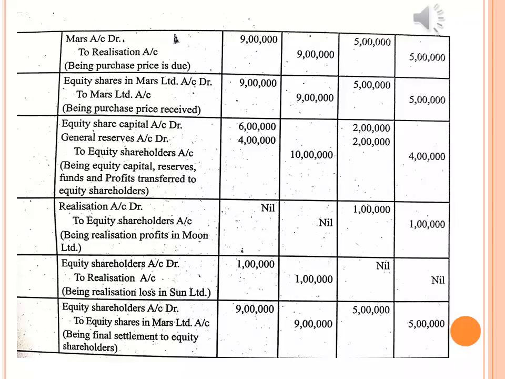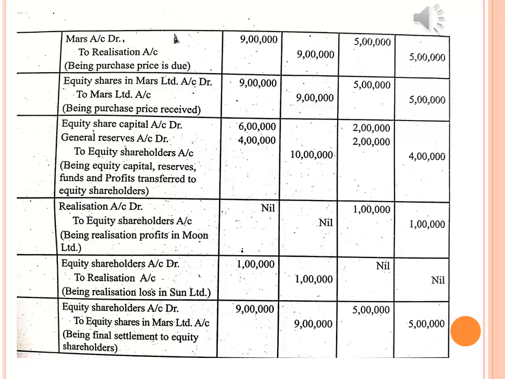The next entry is Mars Limited account debit to realization, 9 lakh and 5 lakh for Sun and Moon Limited. This is the purchase price we found in the purchase consideration. The next entry is paying off the purchase consideration by issuing shares: equity shares in Mars Limited debit to Mars Limited. Credit the giver, debit the shares, so equity shares has to be debited.